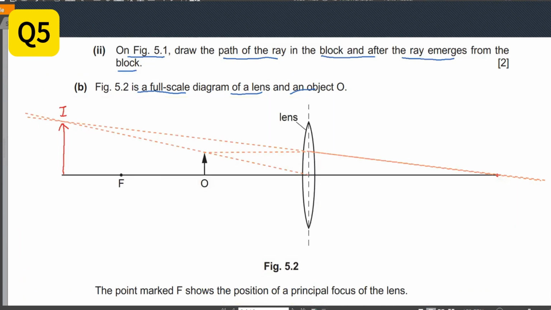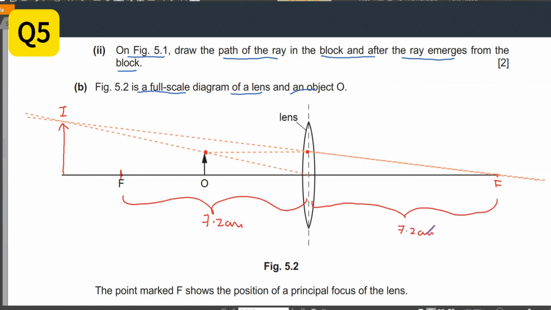First, we draw a line parallel to the axis to the middle of the lens. The principal focus distance is 7.2 cm, so we can draw the equivalent principal focus on the other side, also 7.2 cm. Now we extend this line through the principal focus.